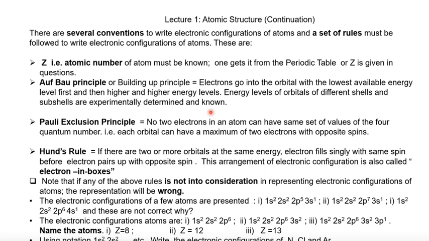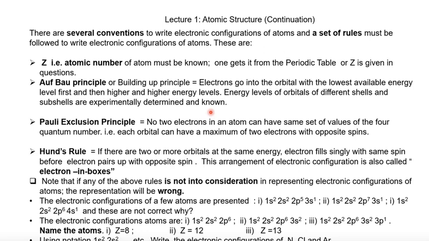If we say it in another way, each orbital can have a maximum of 2 electrons with opposite spin. So now we know that every orbital will have a maximum of 2 electrons, not more than that. And then we have Hund's rule.